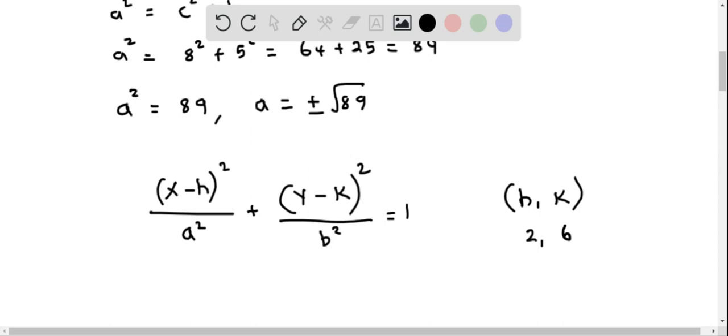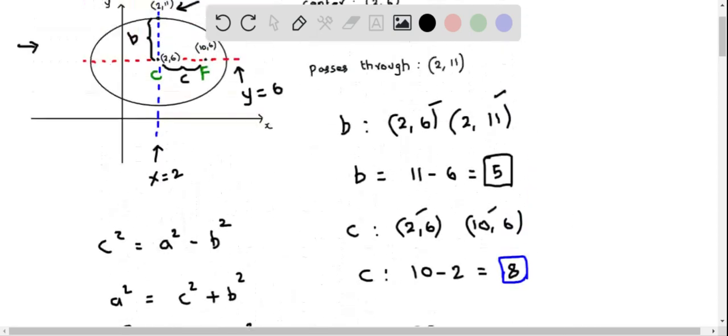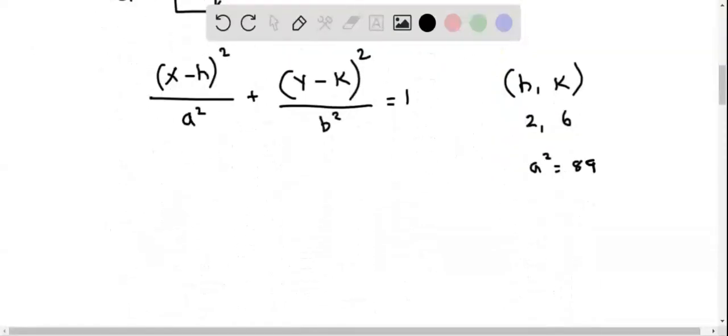We also determine the values of A squared. In fact, I'm going to use this A squared value, which is 89. And we know the value of B equals 5. So therefore B squared will be the square of 5, which is 25. So let's plug in the values of h, k, A squared and B squared into the standard form of the equation of the ellipse.